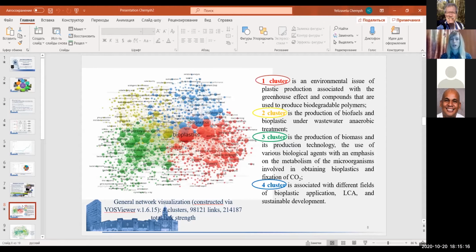The first cluster is concerned with environmental issues of plastic production associated with the greenhouse effect, and of course how it can be influenced by biodegradation of polymers and the ecosystem's dynamics in climate change, which is a very important issue now. The second cluster is the production of biofuels and bioplastic and wastewater anaerobic treatment.